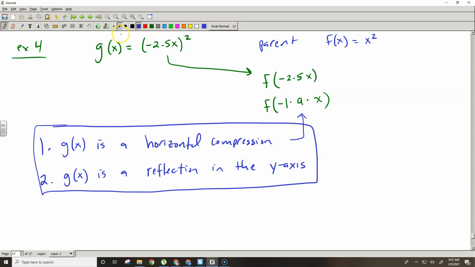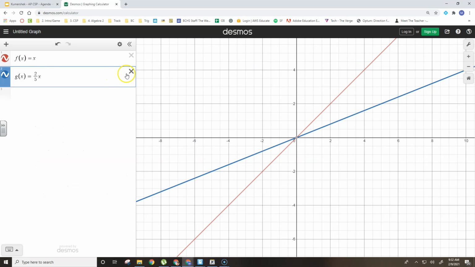So we sort of have to analyze what these functions are. Think about the a values. Think about which dilation, which reflection, which translation this is referring back to, and describe the changes. Now let's take a quick look back at Desmos.